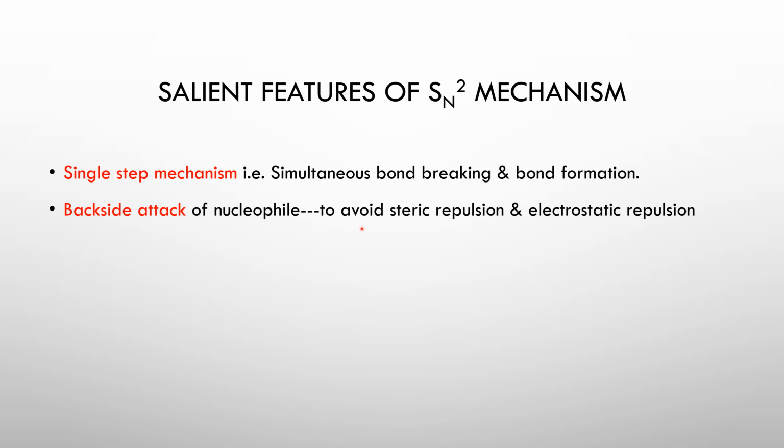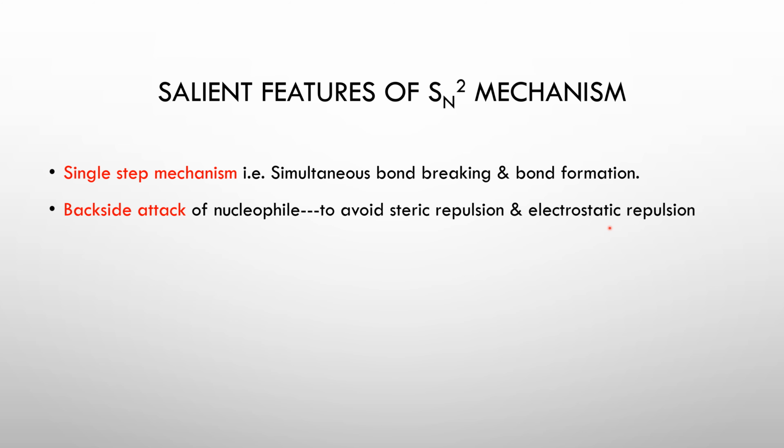And this is because of two reasons. First is to avoid steric repulsion. Steric repulsion means crowding or hindrance. So from the side of the halogen atom, there will be crowding. So you can see here steric repulsion, crowding from the side of the halogen. It causes the backside attack of the nucleophile.